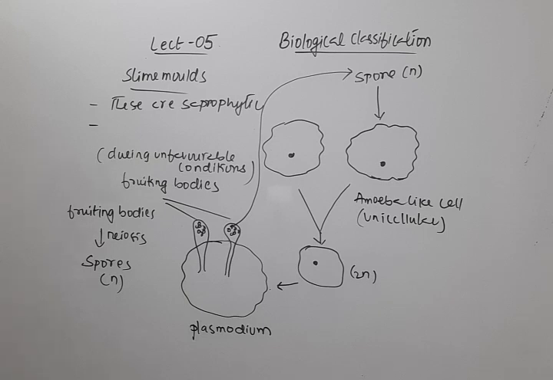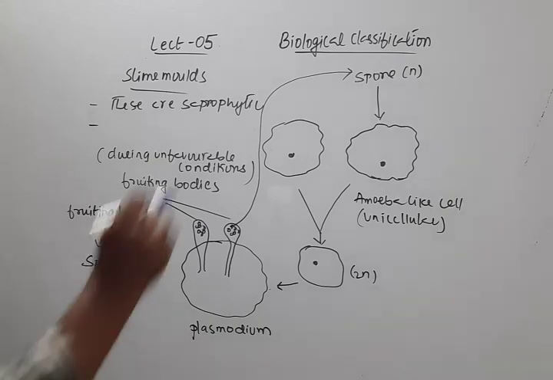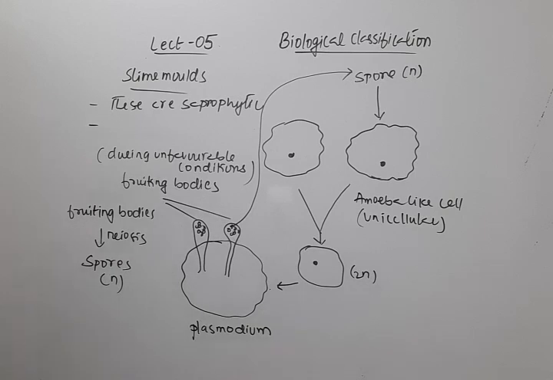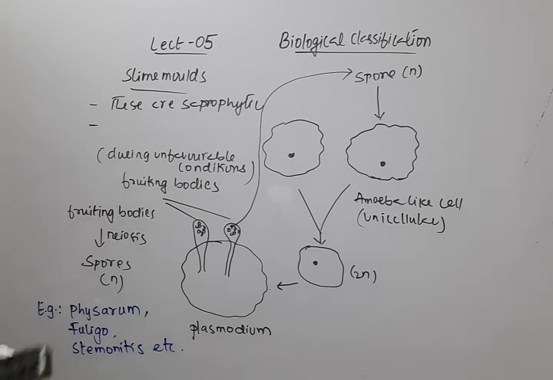Examples of these slime molds include Physarum, then Fuligo, and if you want, you can take one more, I'll mention Stemonitis, etc. So this is how slime molds are different from fungi.